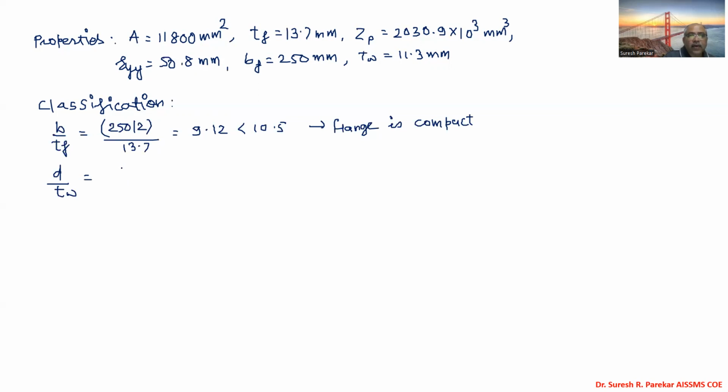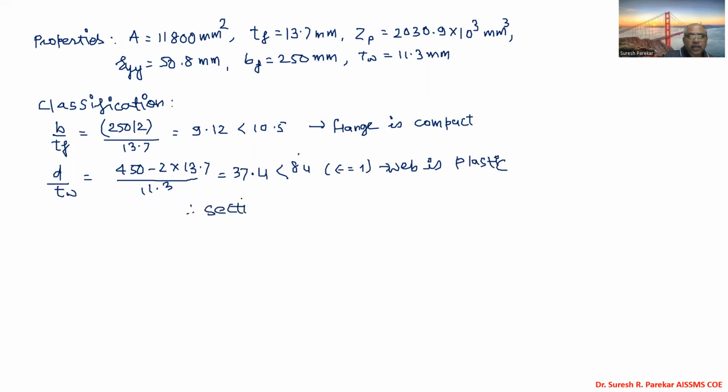So d is 450 minus 2 into 13.7 divided by 11.3, and this comes 37.4, less than 84, considering epsilon 1. So the web is plastic. Therefore, the section is compact, and beta B therefore is 1.